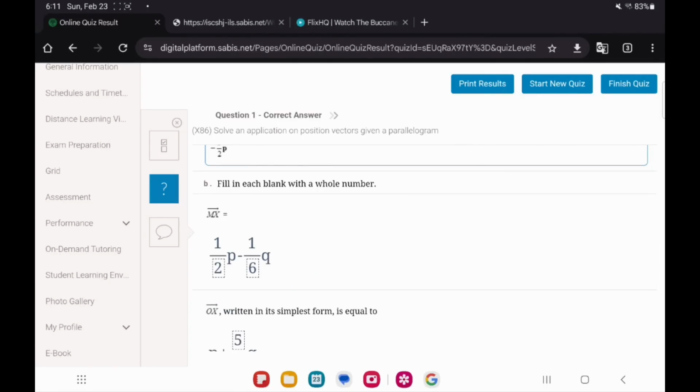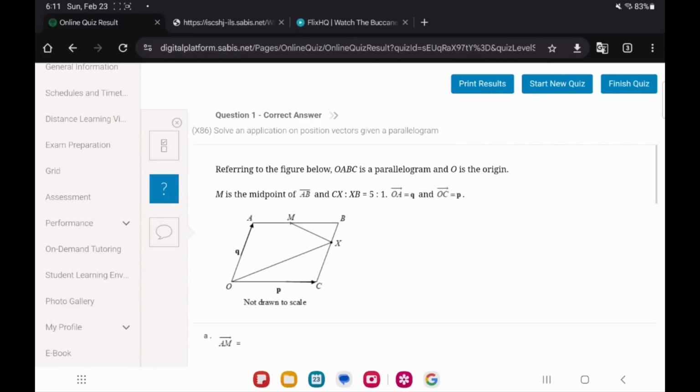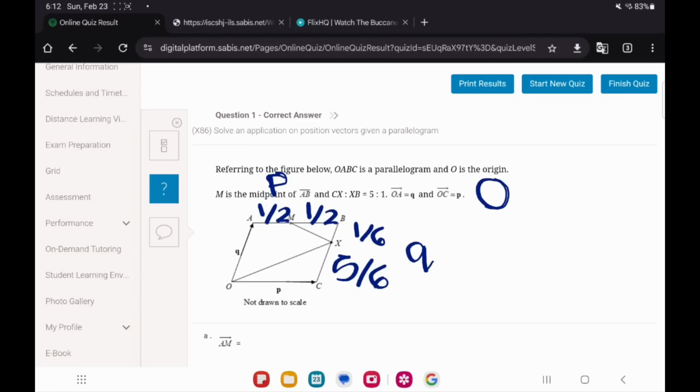Okay, and now they're asking for OX. Let's go back to our diagram. I'm going to put all the givens, and then I'll open the video. They're asking for OX. So from what we can see, OX is OC plus CX, okay?